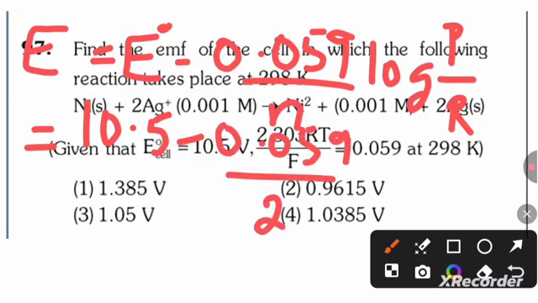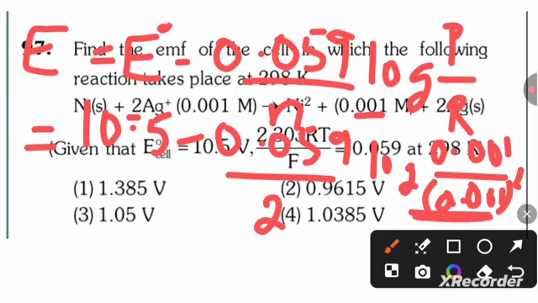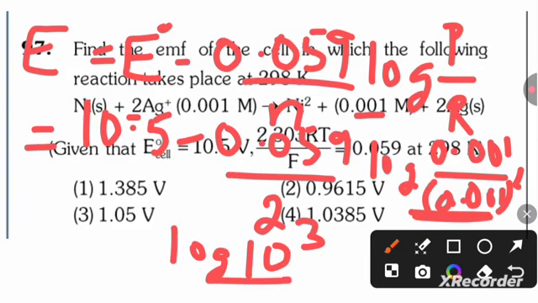And log of product concentration, product is nickel ion, its concentration is 0.001 molar, divided by reactant concentration, reactant is silver ion, there are 2 silver ions, so we will get 0.001 whole square. So when you divide this, you will get log 10 to the power of 3. Log 10 to the power of 3 value will be 3 only. So when you calculate, you will get 10.4 volt as the answer.